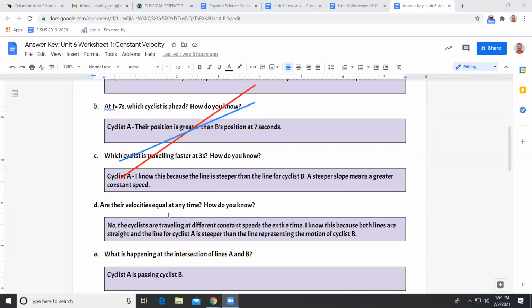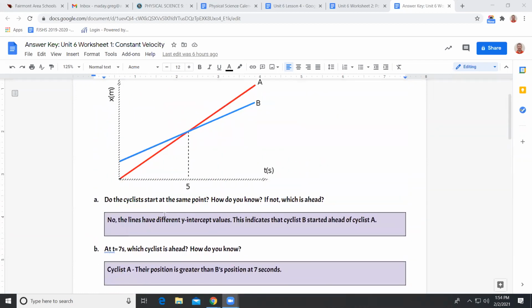Okay, so then D asks, are their velocities equal at any time? How do you know? One of the key things here is that cyclists A and B have what we call a constant velocity. If the slope of their line does not change, that means their speed does not change. Since A has a straight line, they have a constant velocity, so their speed is not changing. Same thing for B, they have a straight line, so their speed is not changing.